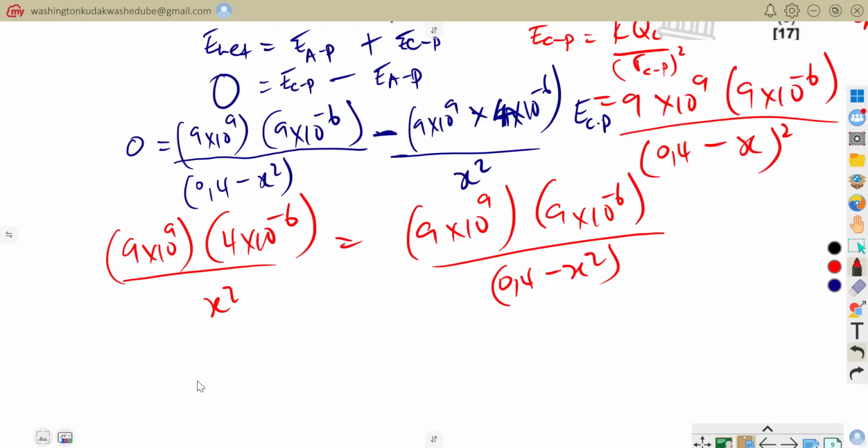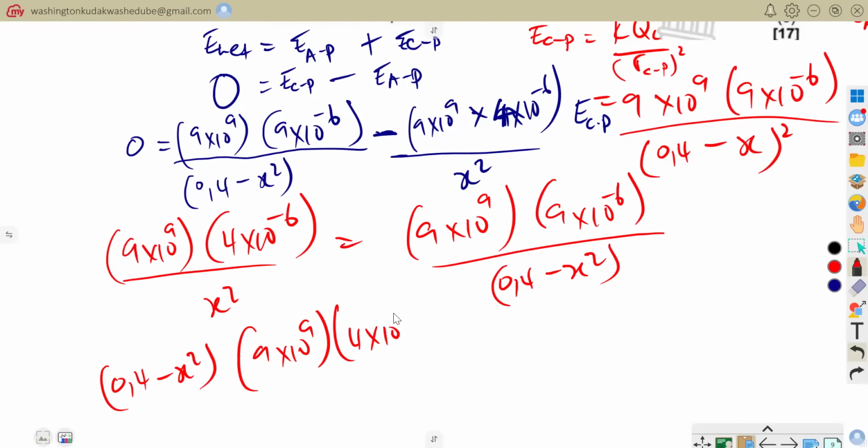So now if I am to find the common denominator, I will end up having what? 0.4 minus x squared, and then I would have 9 times 10 power 9 times what?